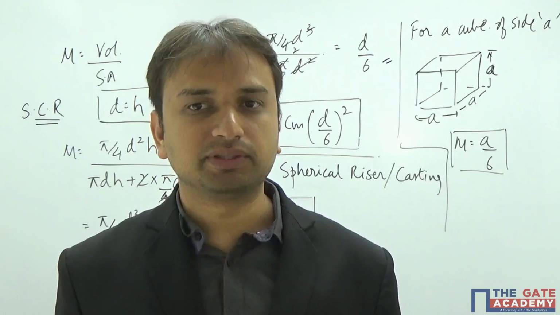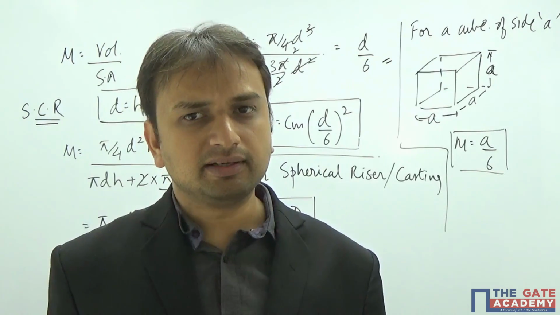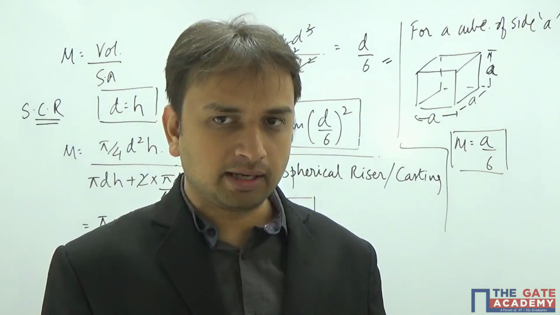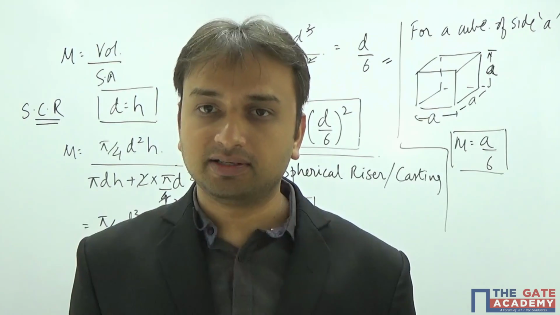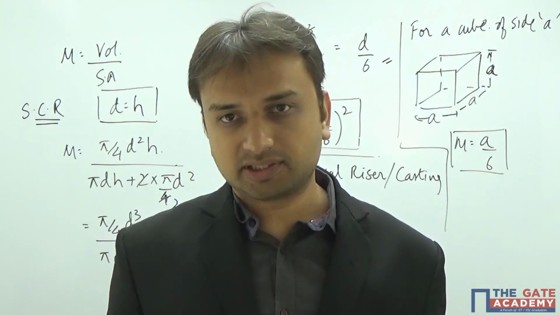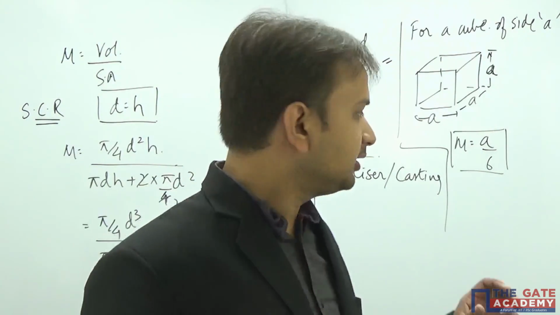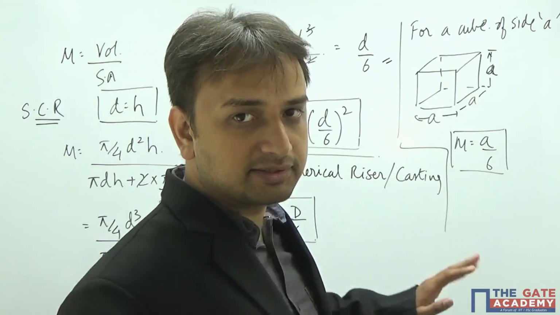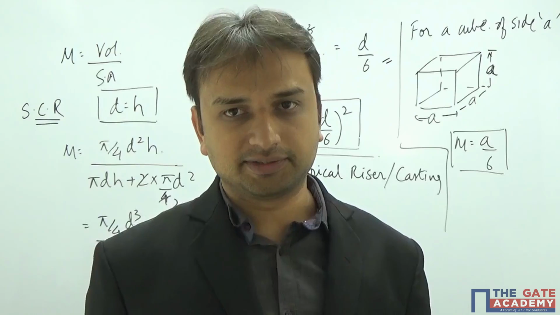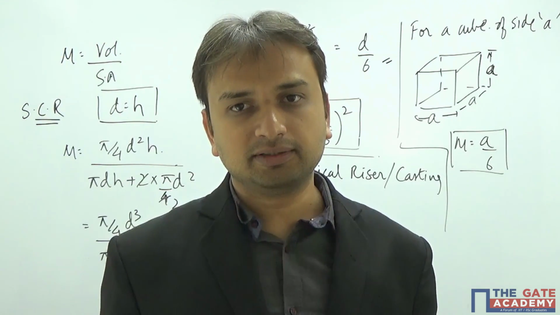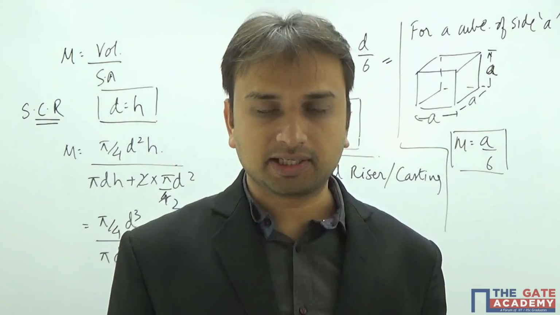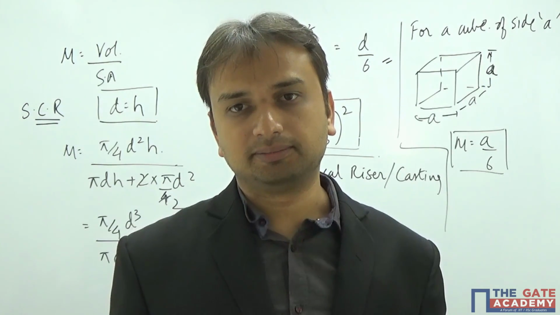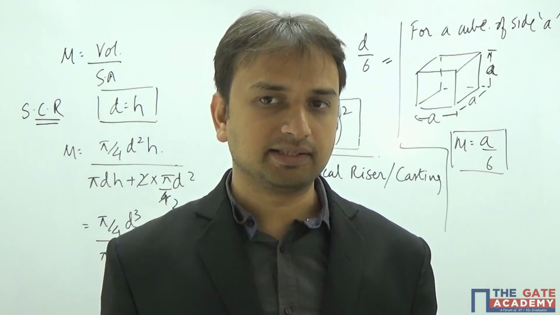You might have to find out the ratios. So there you don't have to waste time calculating the volume and the surface areas and then the solidification time. No, simply you can directly use these relations, d by 6, a by 6, like this, and you can directly get the answer. So it's a wonderful method to calculate the solidification time for your castings and the riser.